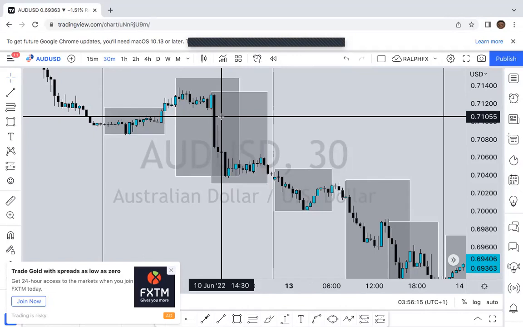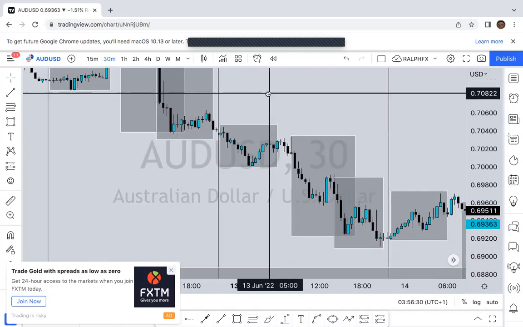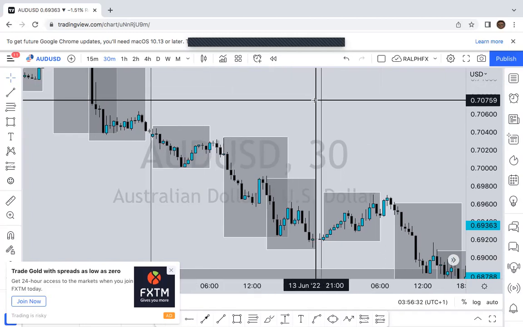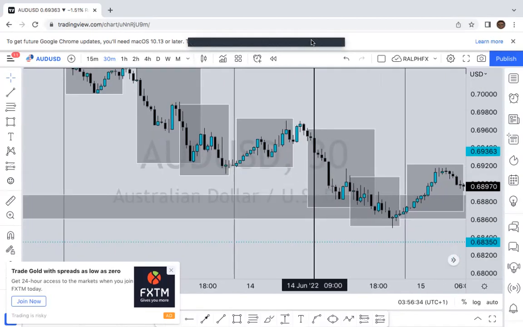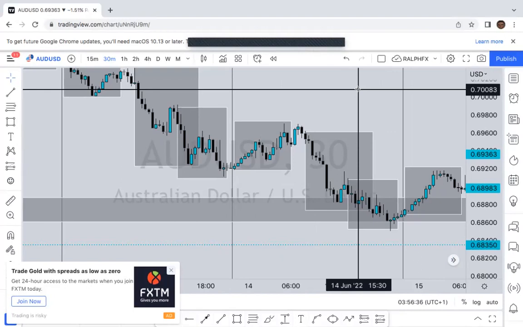Any pair that is based with the USD, even gold, XAU/USD, you can use this London session, New York session overlap to time your entries in the market and get really good entries. That's basically what it is.